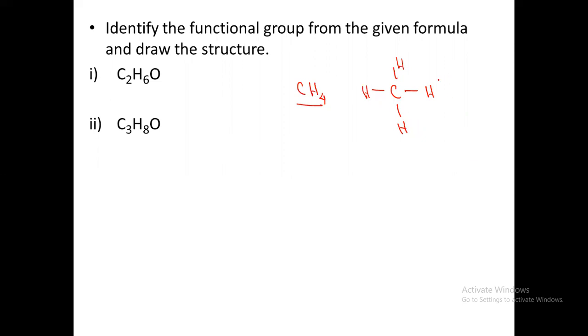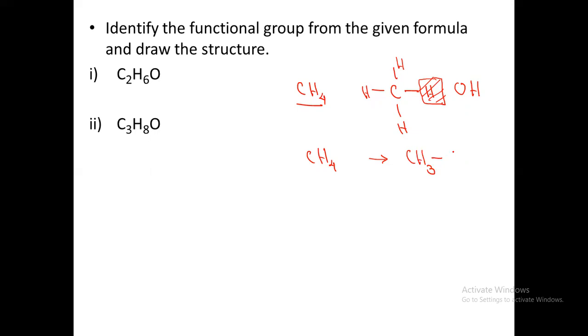But just imagine if any other atom or group of atoms, other than carbon and hydrogen, comes to this methane, the only way is that it has to replace a hydrogen. Say an OH functional group comes and replaces the hydrogen. It was CH4 before getting replaced, and now 1 hydrogen is replaced by an OH.